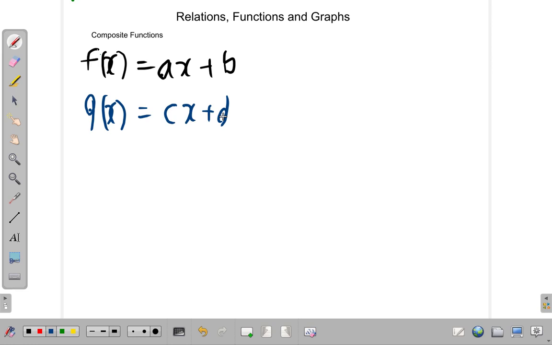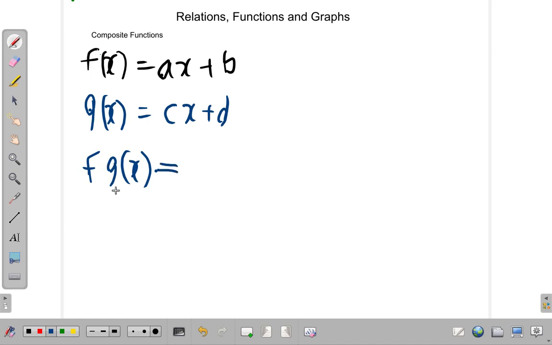Then you can combine these and obtain, for example, fg of x. Now, how do you do that?